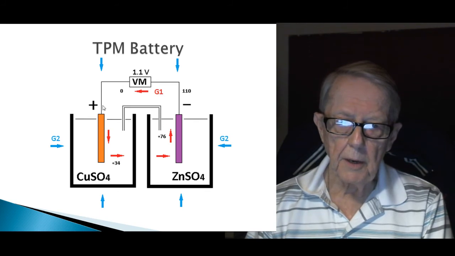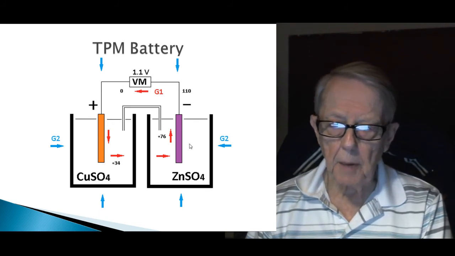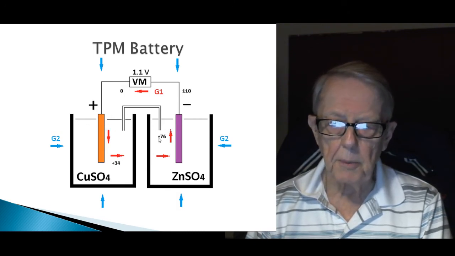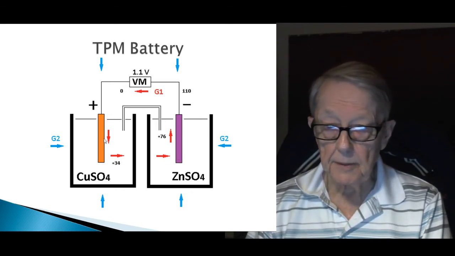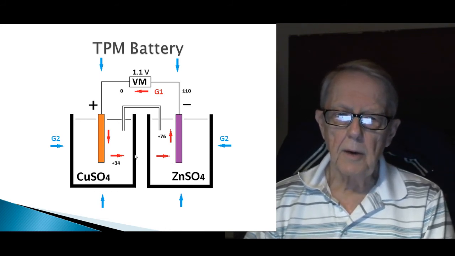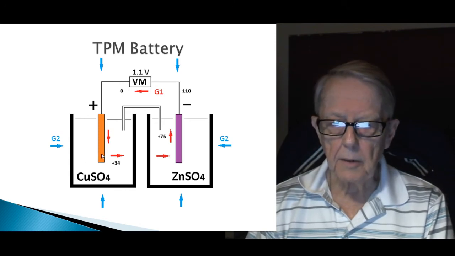By the way, this chemical reaction takes place all around the copper electrode and the zinc electrode, so it's not just here. They could be moving across up here, or in the middle, or down here. Nonetheless, they do that. Making the turn is not odd.